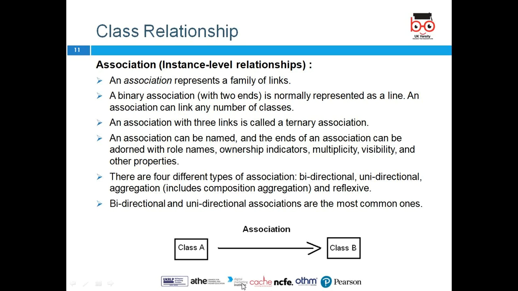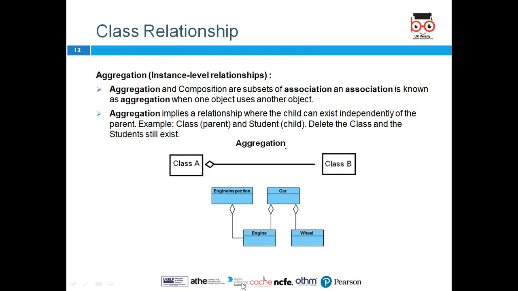Bidirectional and unidirectional associations are the most common ones. Now aggregation. Aggregation and compositions are subsets of the association. If one class is connected with another class, it means it has an association.